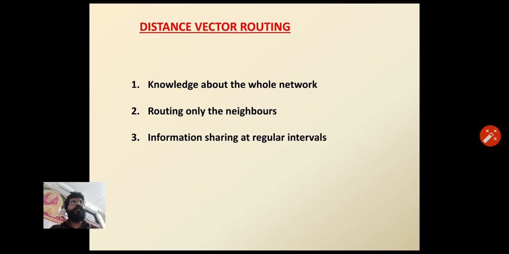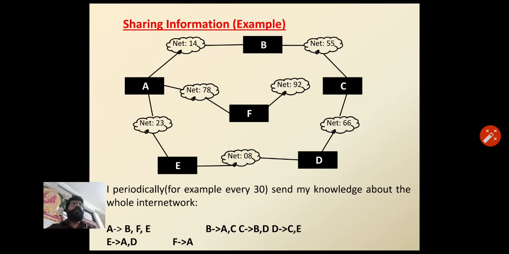We can see that with an example. Here A, B, C, D in black boxes are routers, and 14, 78, 23, 08, 92, 55, 66 are represented in a cloud, that is a network.